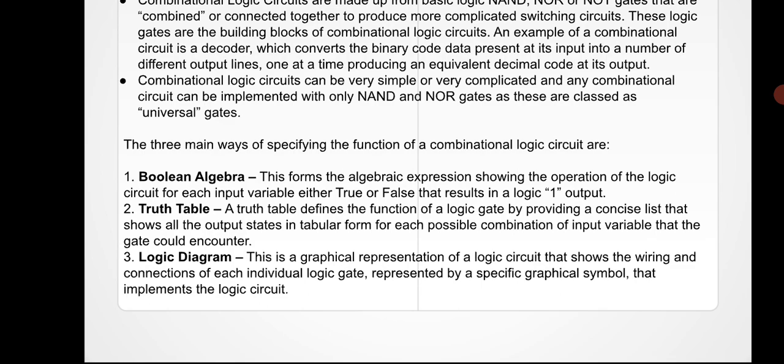I'm pretty sure that you have already built some truth tables. You have some input and you are writing the output based on the input you pass. It may be 0 or 1, 1 or 0. Again, you have some operations. It may be an AND operation, OR operation, XOR operation, or NOT operation. Again, it depends on what kind of operations you are applying to those particular inputs.